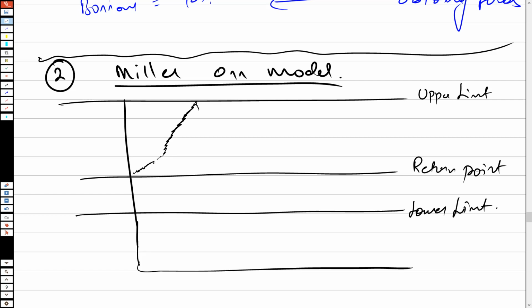The moment your cash reaches the upper limit, you buy securities to make it reach the return point. And then you are operating. At times, when it reaches the lower limit, you sell some securities and you reach the return point again. Then it goes on and on.